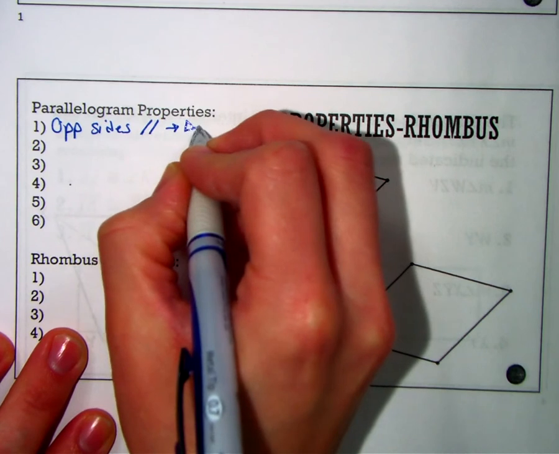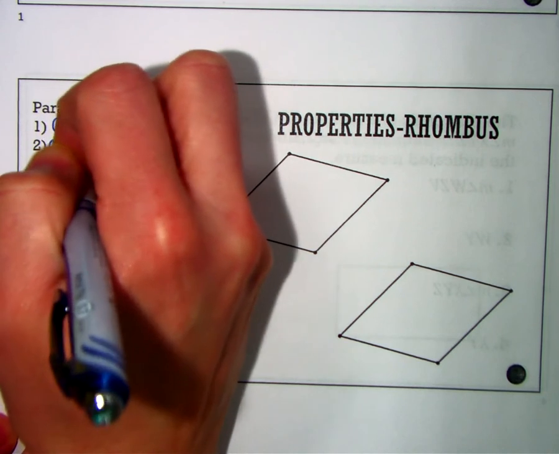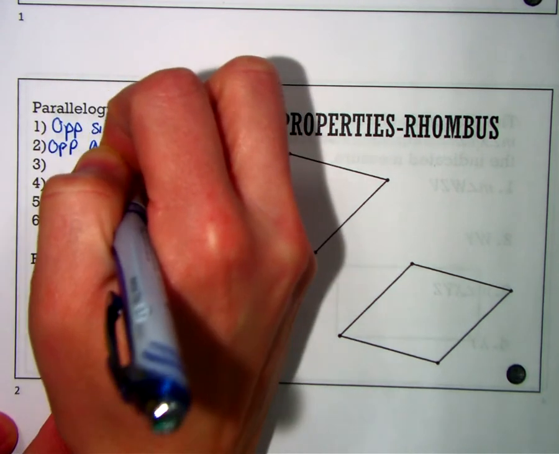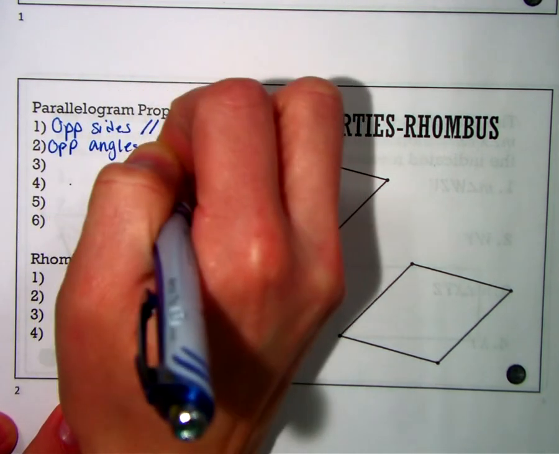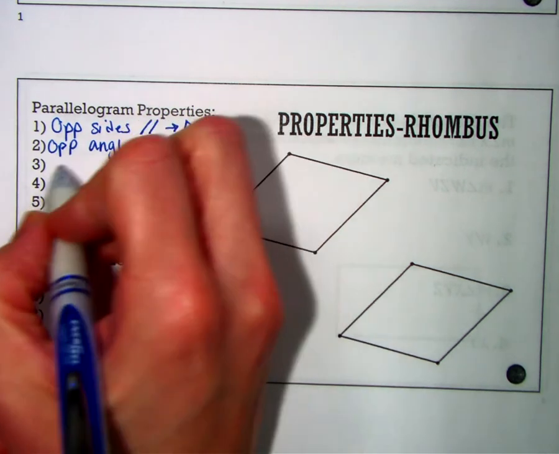It's the definition, but we're writing them all together. What else? Opposite angles are congruent. Go ahead. Diagonals bisect each other.